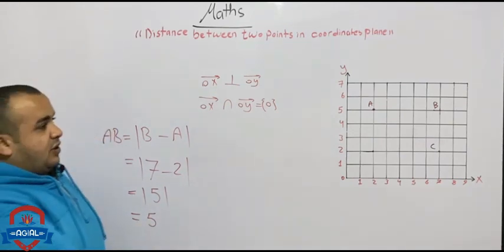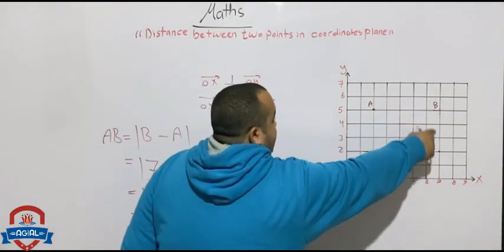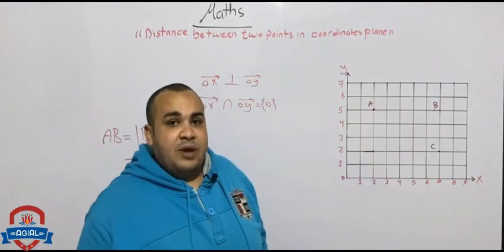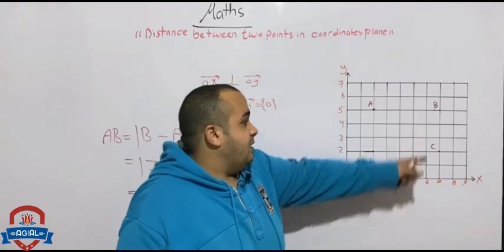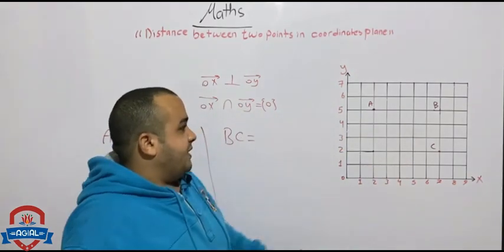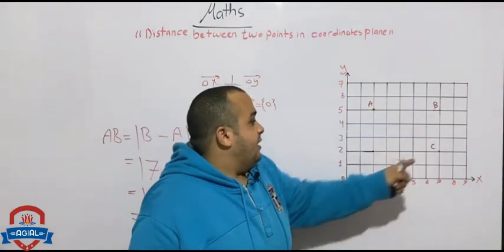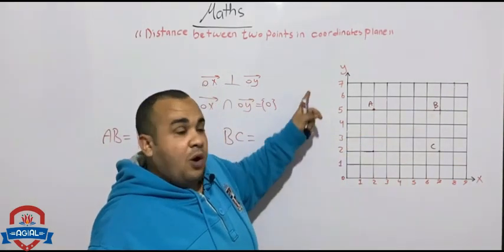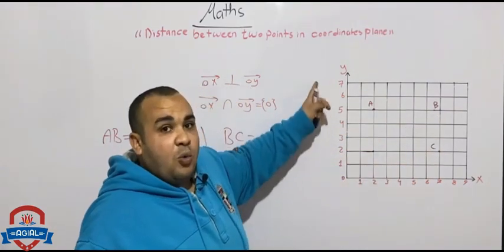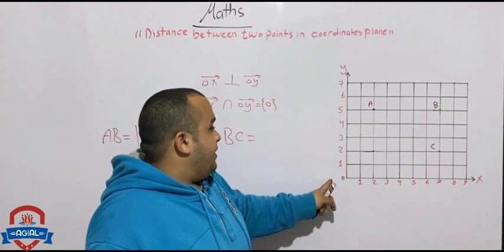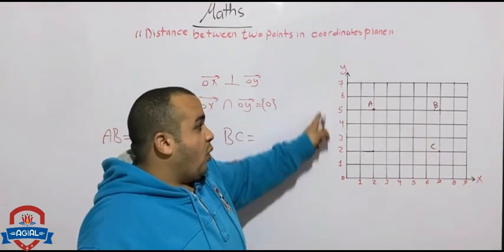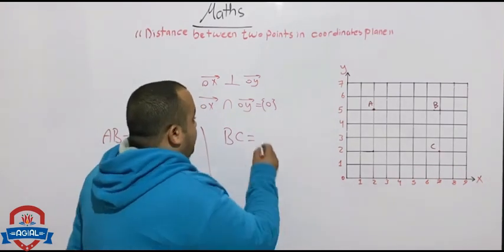And now let's try to find the distance between B and C. To find the distance between B and C, we have to find the length of line segment BC. But notice that the line segment BC is parallel to the ray OY. So we can use the ray OY to find the distance.